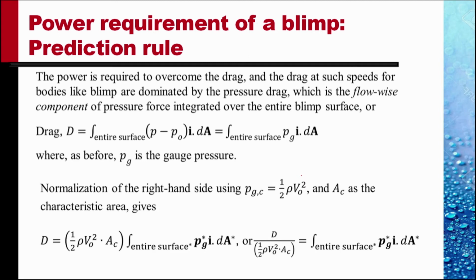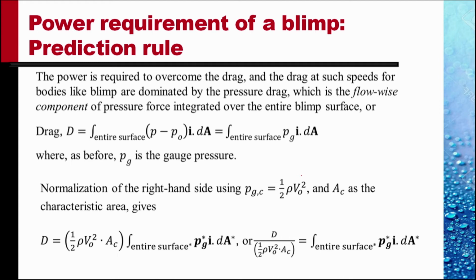Normalization of the right hand side using the characteristic pressure difference as 1/2 rho V naught square and AC as the characteristic area gives drag is equal to 1/2 rho V naught square times AC into the integral of P star G i dot dA star. Now this integral is non-dimensional.